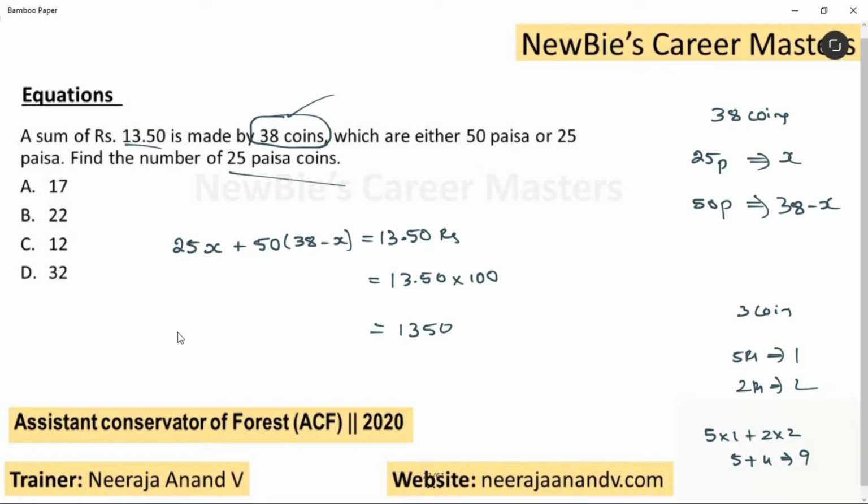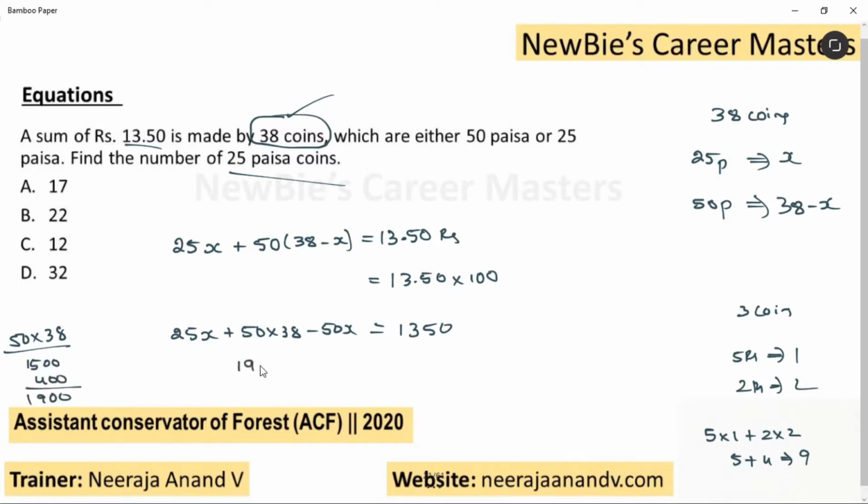Okay, let's simplify this side. 25x plus 50 into 38 minus x. Okay, what is this value? See, 50 into 38, we get 1500 plus 400, total 1900.